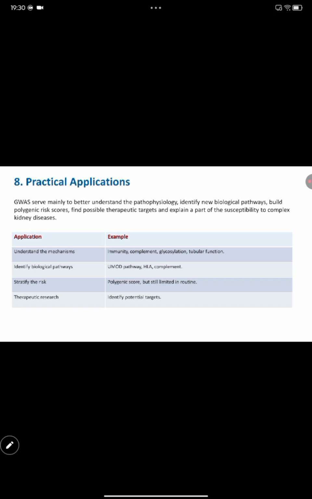They can be used to stratify risk through polygenic scores, although this is still limited in routine clinical practice, and they also support therapeutic research by identifying potential drug targets. So I think these kinds of studies are handy and practical in day-to-day nephrology practice.